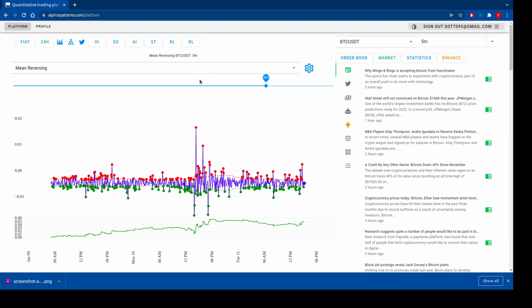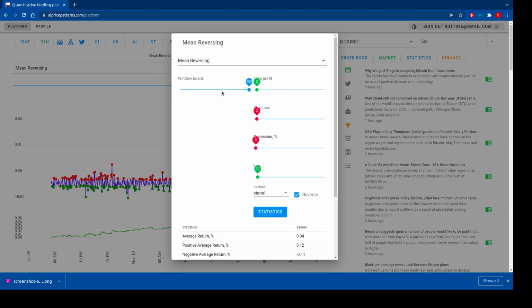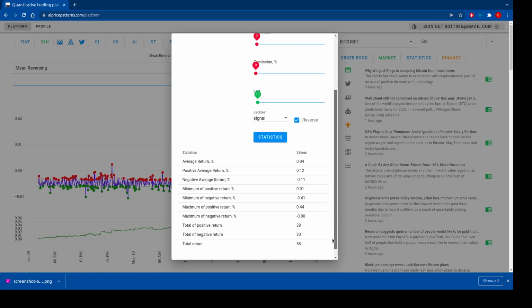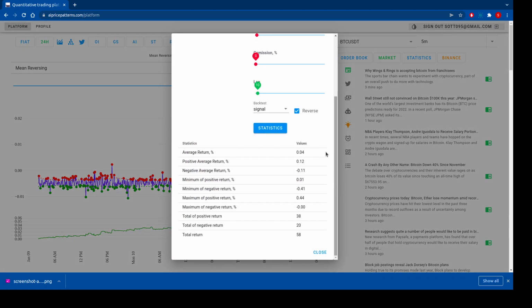For example, let's look at the statistics. We could do some improvement. Let's see. For example, I tried to improve using window board. Let's see what it is. Okay, it seems to be working. Let's look at the statistics. Okay, maybe it's not a good statistic, but the positive average return is good.